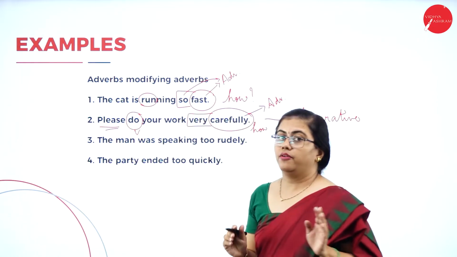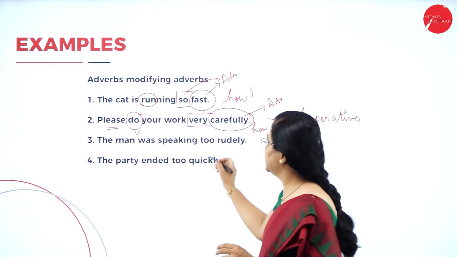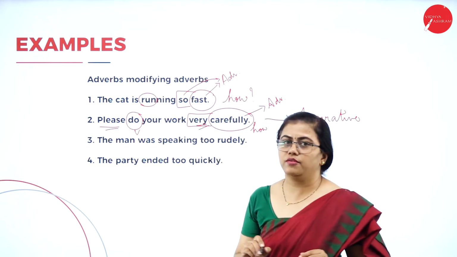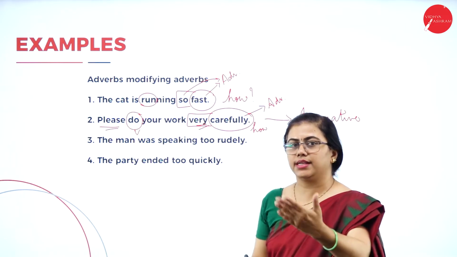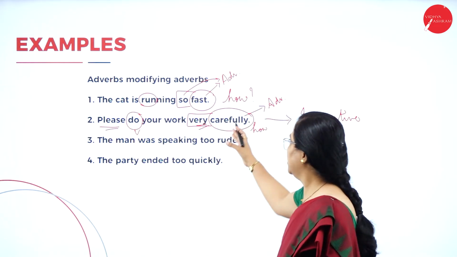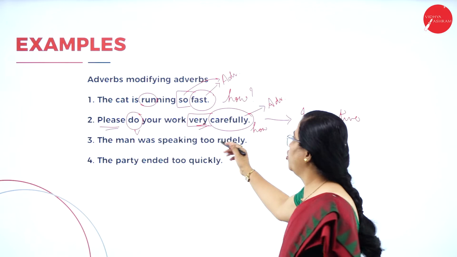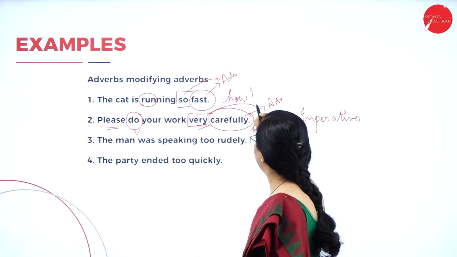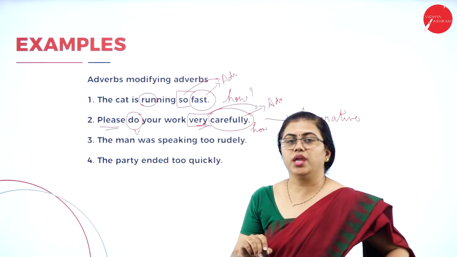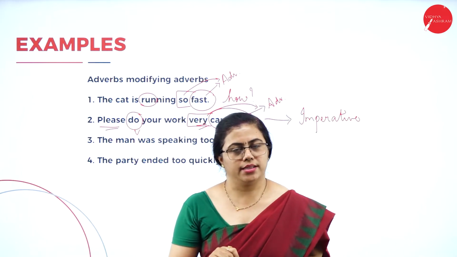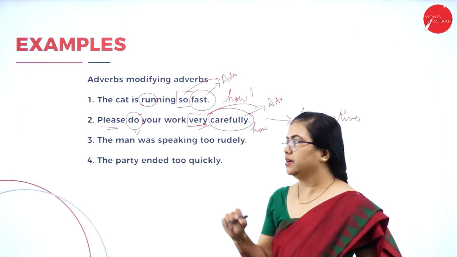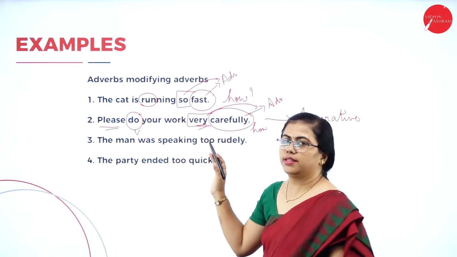We should do it very carefully. So this is telling us how carefully we should do. That means it is telling us more about the adverb. Again, this also becomes an adverb. It is describing more about another adverb. So that becomes another adverb. So, an adverb modifying another adverb.